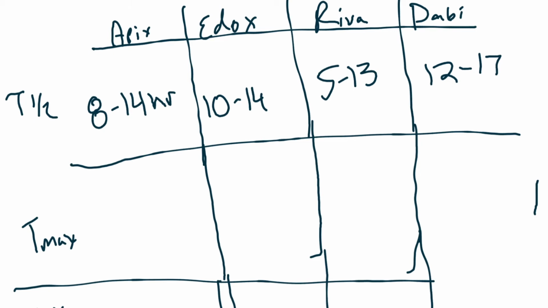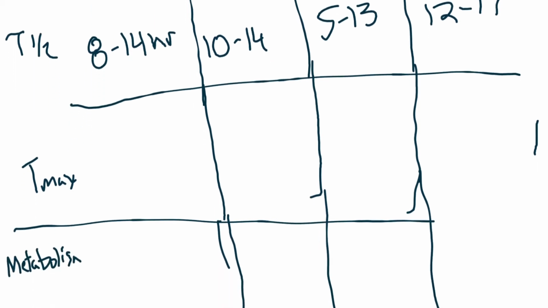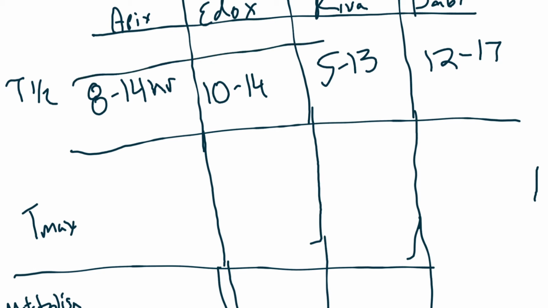Importantly, rivaroxaban, you need to take with food. So I'll put that as a specification here. And it's very important that you do not chew or break open dabigatran, as bioavailability will increase by about 75%. So take the tabs whole.